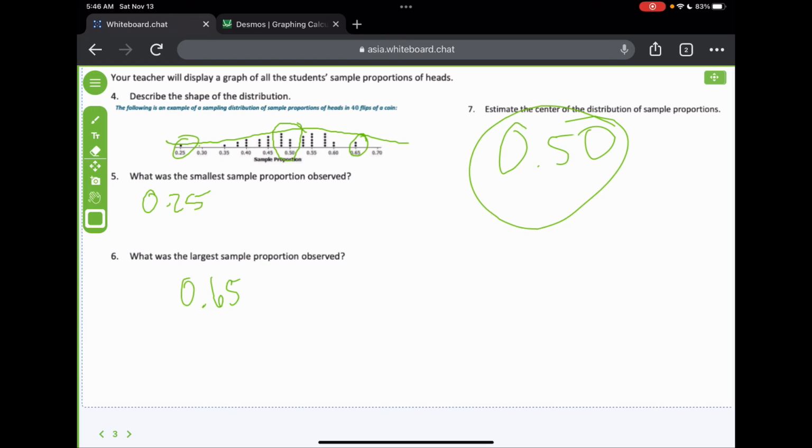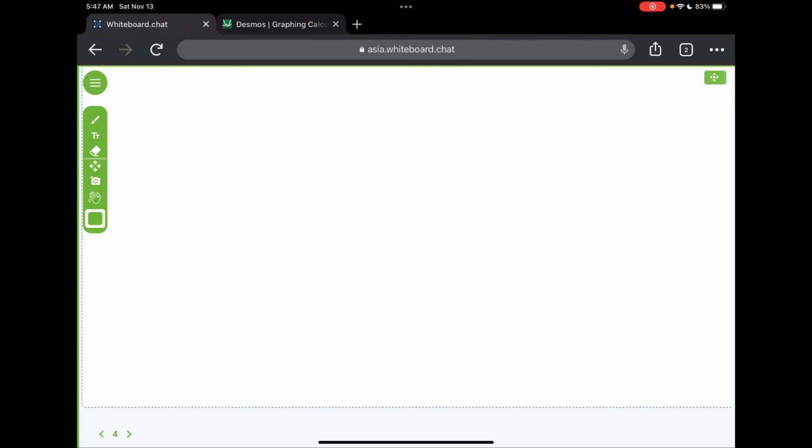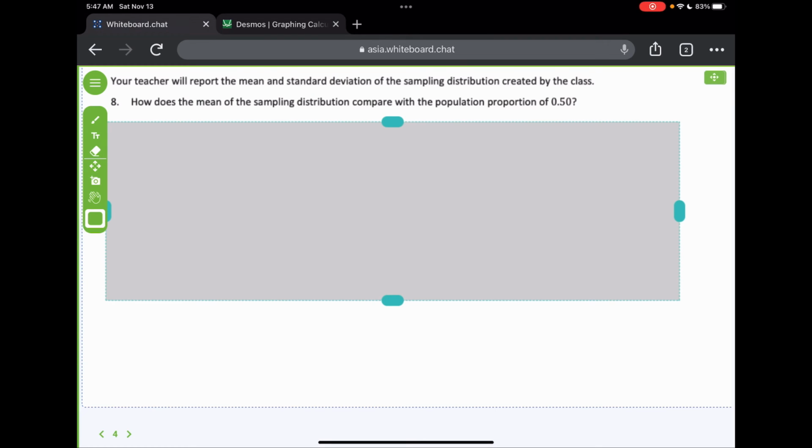Or could the principal still be correct? And so what we're doing is trying to simulate a sample proportion that would be accurate to a 50% probability. Okay, hopefully you're understanding what we're doing here. We're not just flipping coins to be flipping coins.